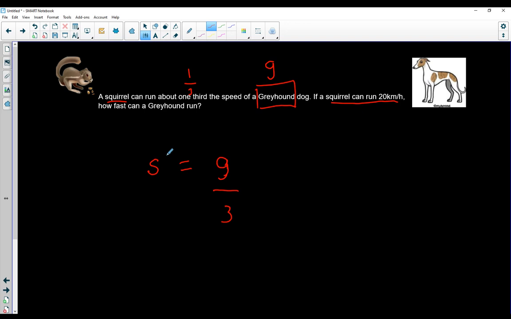But we don't need to leave the s there because we know what the squirrel's speed is. So let's go ahead and erase that and replace it with the known. Okay? So our equation becomes 20 equals g, or the greyhound, divided by 3.